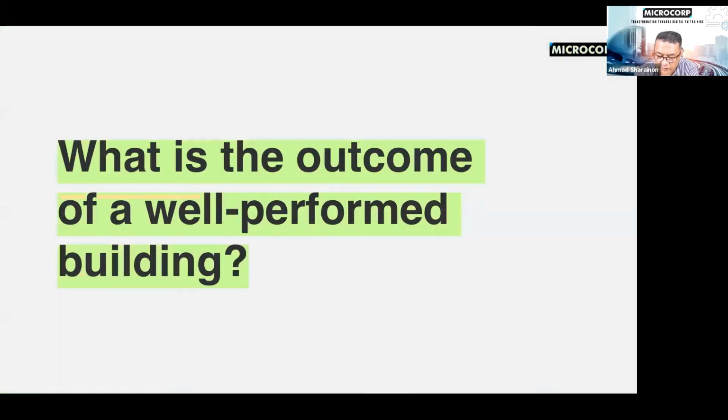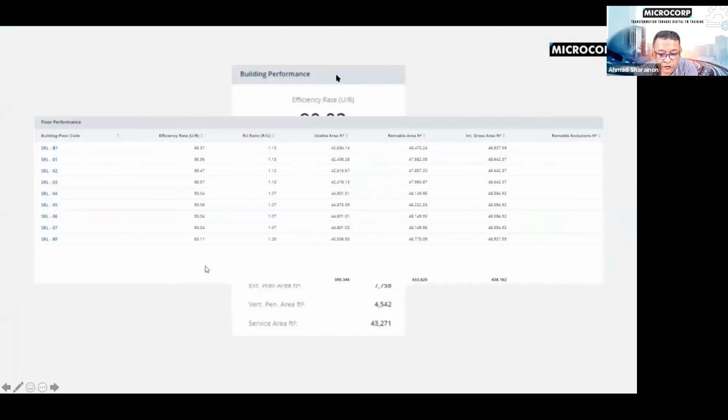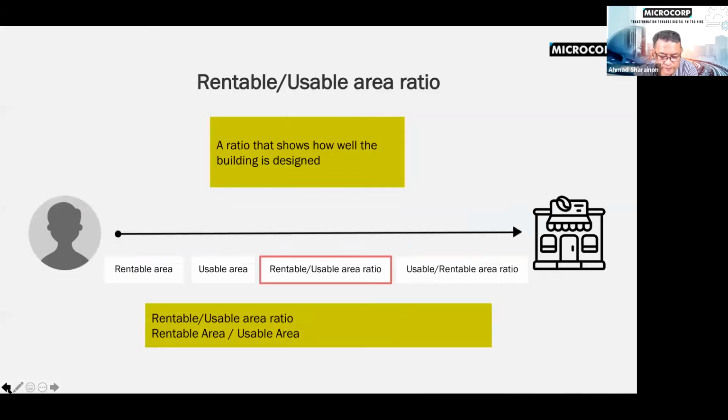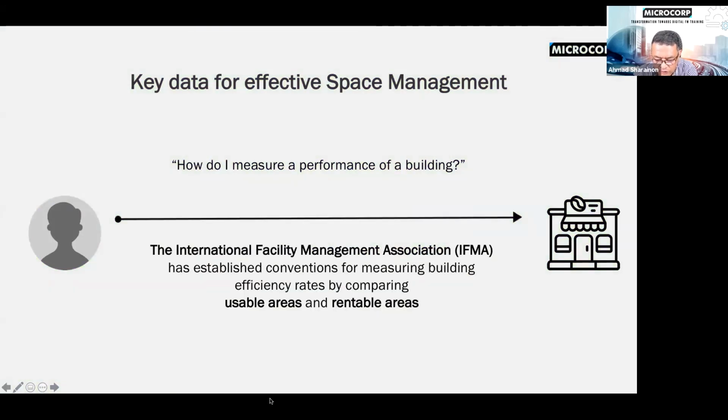Right? So I think that's all about the slide. Any question related to this building performance? Anybody would like to turn on your mic and ask a question about this building performance? Cik Azan, any question? Or maybe Muhammad Rizal Ismail? Rini, any question?